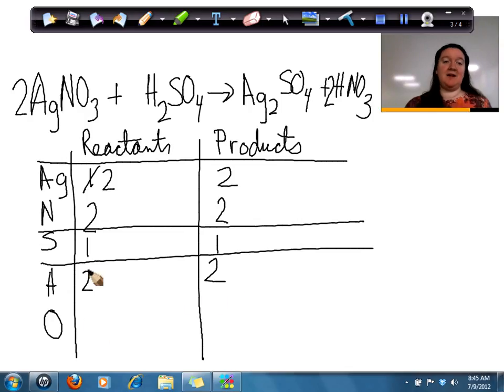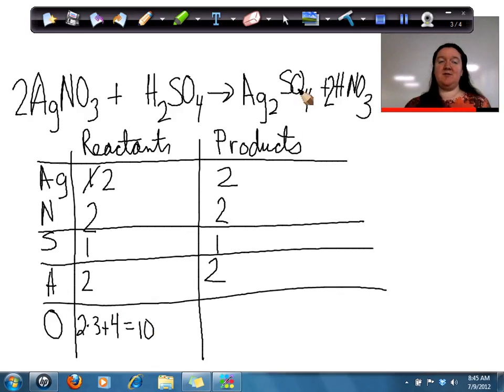If you look at this side, I'm taking 2 times 3 because there are 3 oxygens in each silver nitrate, but I have 2 of the silver nitrate ions, so I'm taking 2 times 3. But there's also oxygen over here on my sulfuric acid, so I have to add 4 to that. So if I take 6 plus 4, that's going to give me 10.